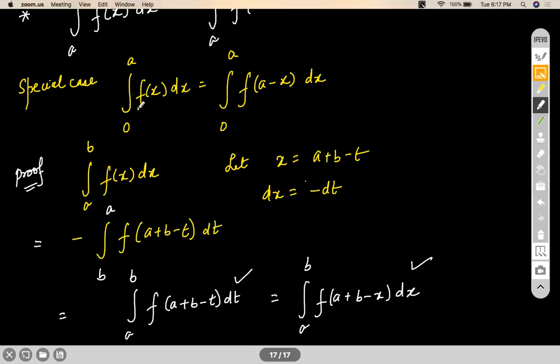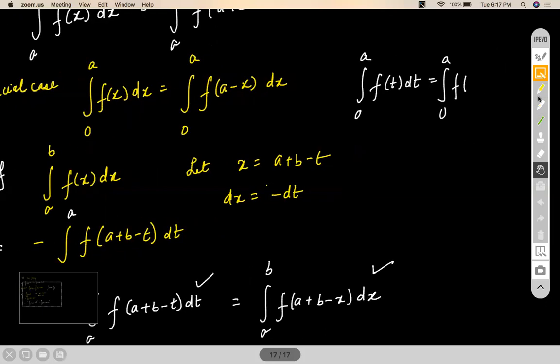For example, if I write 0 to a f of t dt and I write 0 to a f of a minus x dx, the answer doesn't change. The relation will still be true. Are you getting my point?